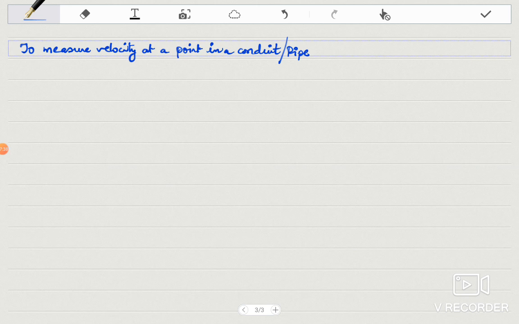In such a case, with the help of the simple Pitot tube that we saw just now, we can only measure the stagnation pressure.